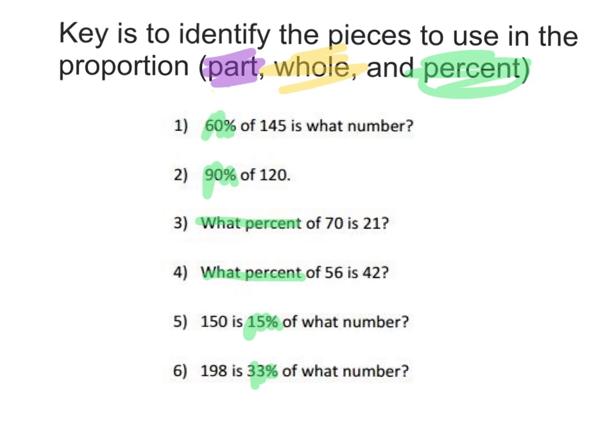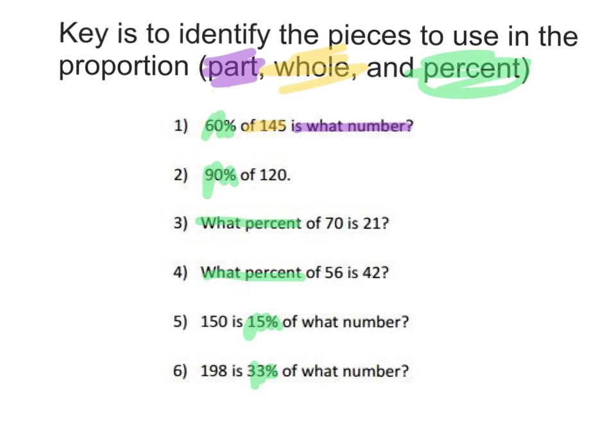So if I have 60% of a number, that's not the whole number. So this must mean that my part is what I'm looking for, and my whole is what I have right here, this 145.